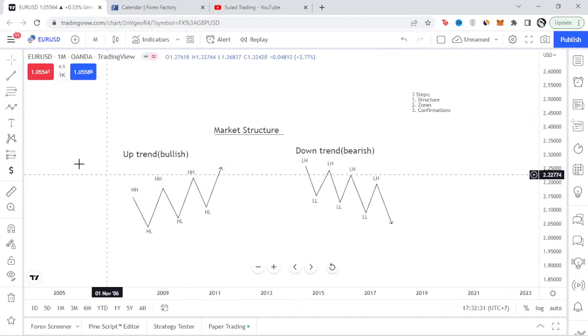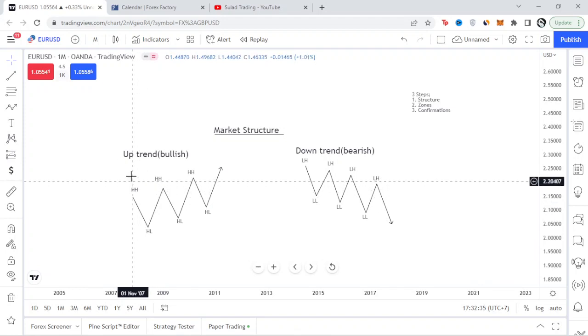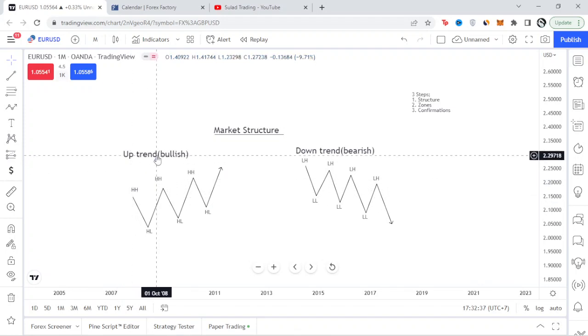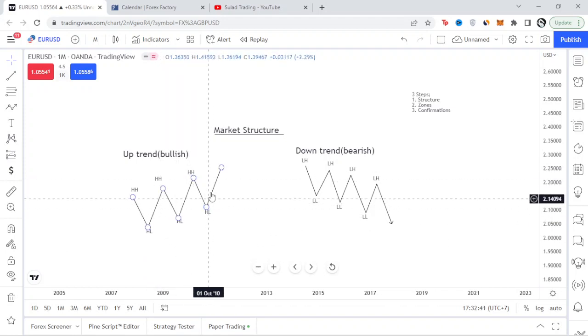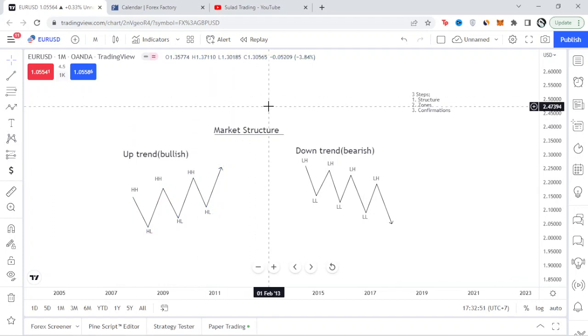First of all, for structure, we all know the structure for bullish trends: higher highs, higher lows, higher highs, higher lows, and so on. With that being said, there are two market structural plays, which can be either a bullish one or a bearish one.